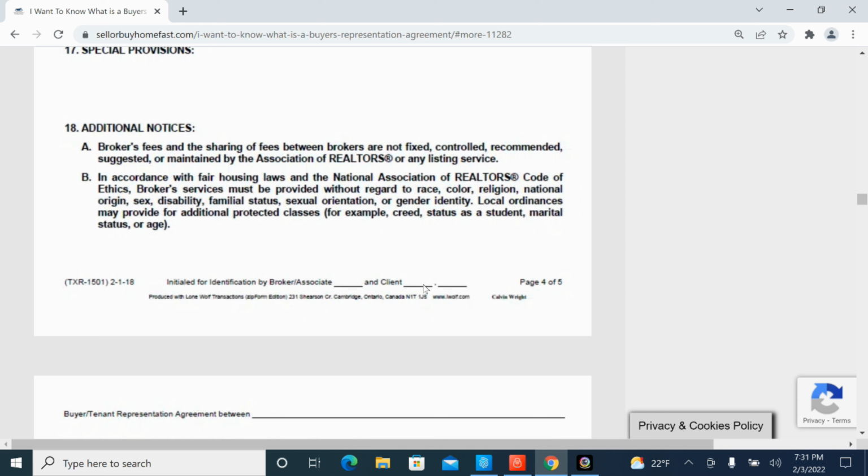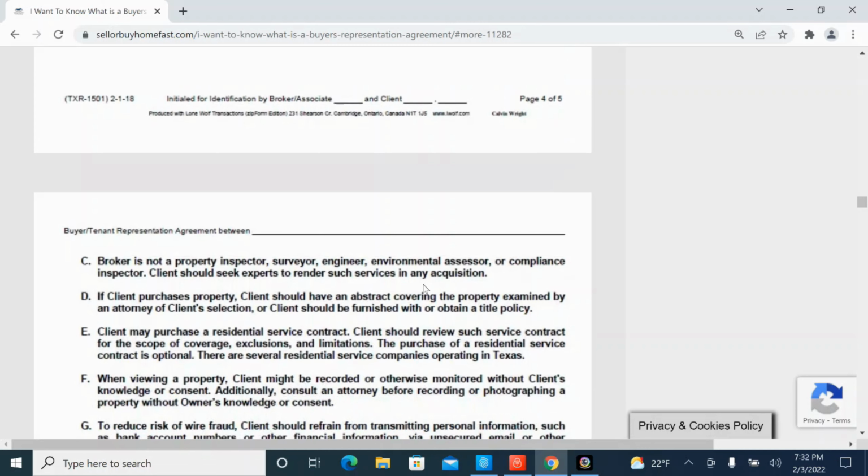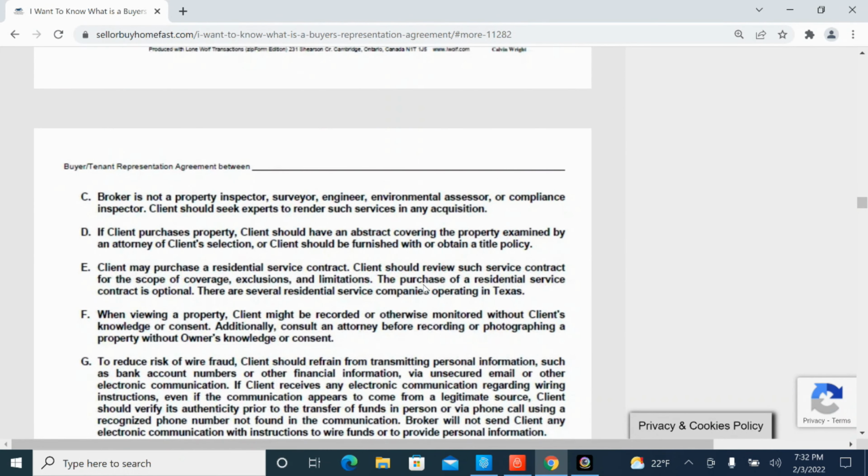In accordance with the Fair Housing Law, the National Association of Realtors Code of Ethics, broker's services must be provided without regard to race, color, religion, national origin, sex, disability, family status, sexual orientation, gender identity. Local ordinances may provide for additional protected classes. Okay, so that gives you that statement to let you know that there should be no discrimination in reference to trying to find a house.